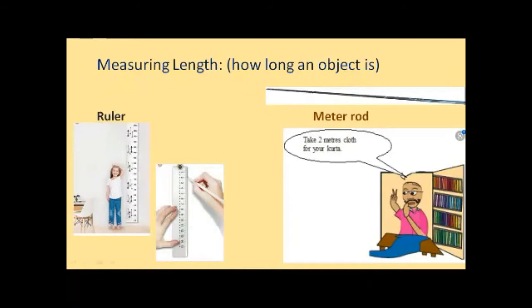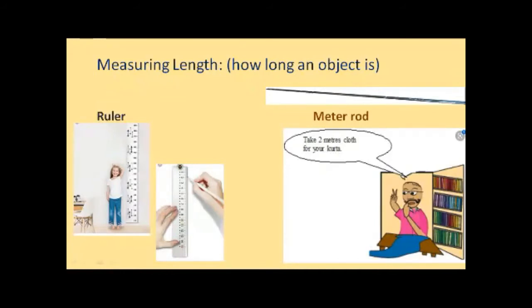Now the second one is the meter rod. What is a meter rod? It is a metal rod, or you can say it is a straight long bar. You can see here in the picture, it is a metal rod or a straight long bar that is generally 1 meter long. Look, who is this uncle in the picture? A shopkeeper.